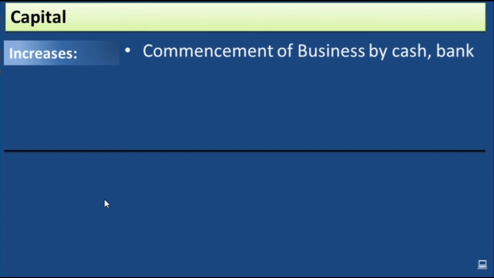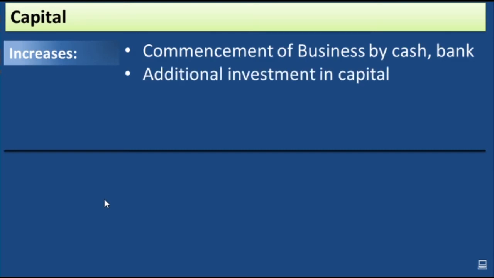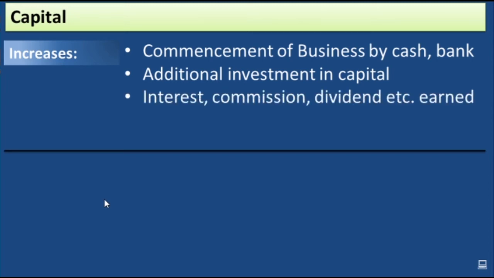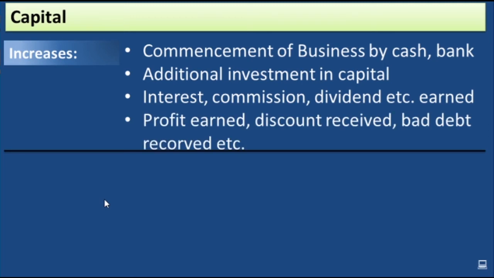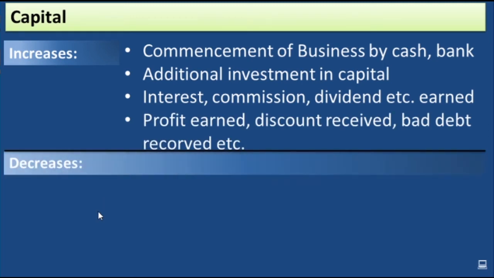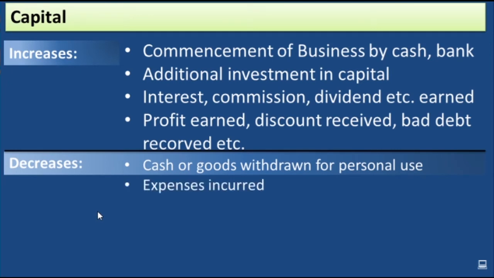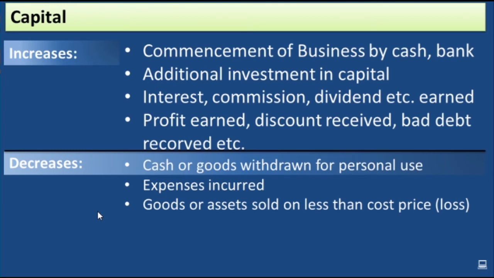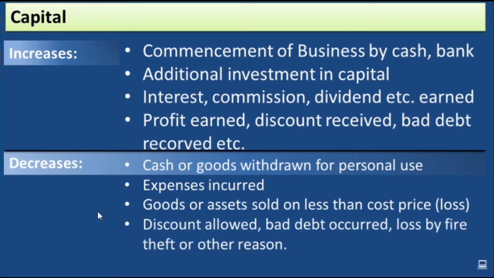It increases on commencement of business by cash or bank, additional capital invested, interest, commission, dividend, etc. earned, profit earned, discount received, bad debt recovered, etc. It decreases when cash or goods are withdrawn for personal use, expenses incurred, goods sold at less than the cost price, or loss incurred, discount allowed, bad debt occurred, loss by fire, theft, or any other reason.